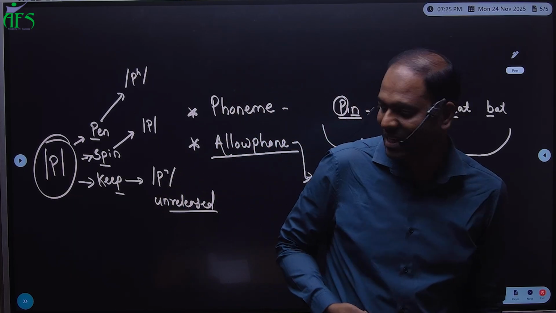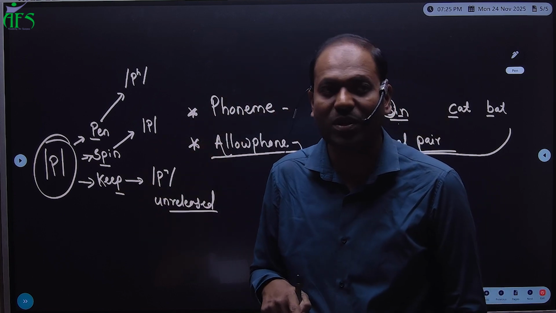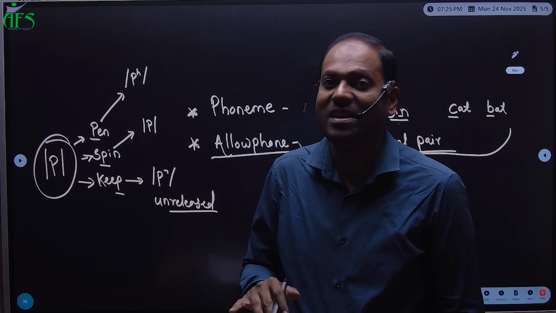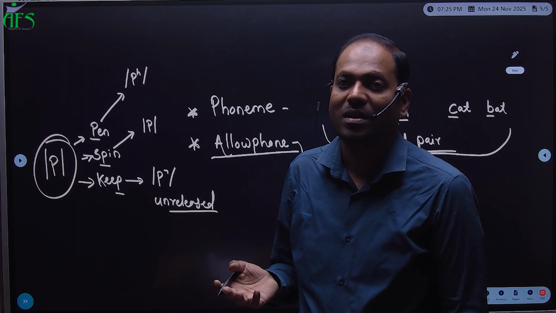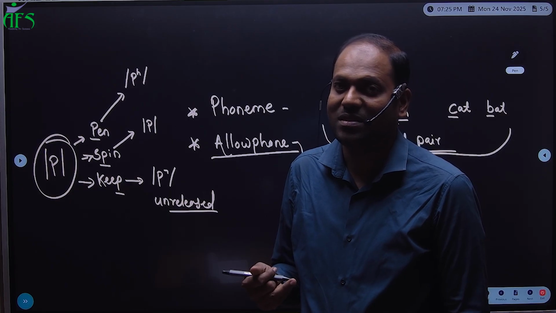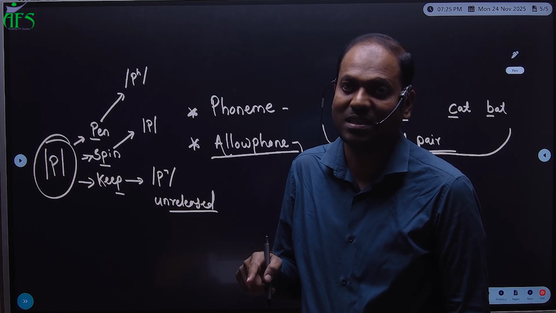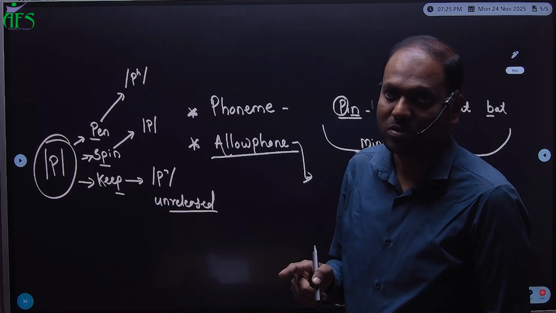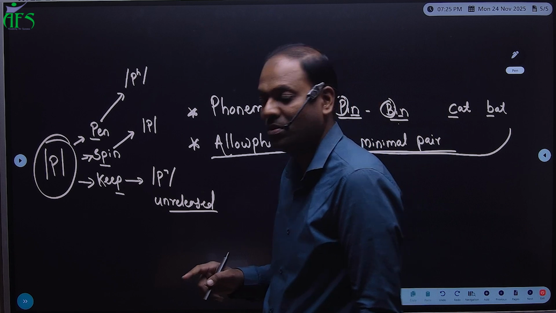T is uttered clearly, and when it appears at the beginning of the word, it is aspirated T. It is the same for K also, like petal, skit. You cannot say skit with aspiration, right? Stock, stakeholder, right?